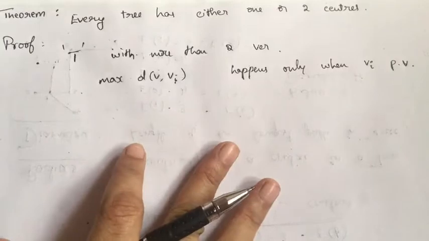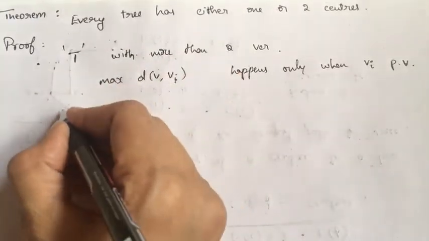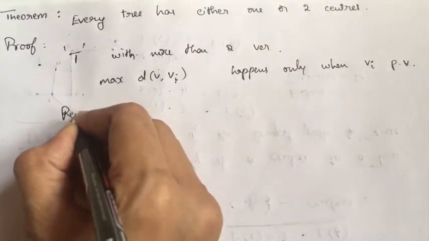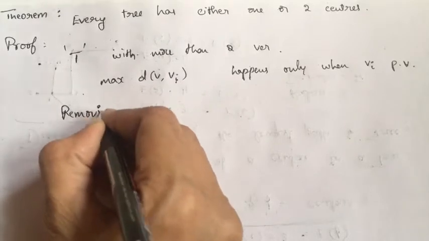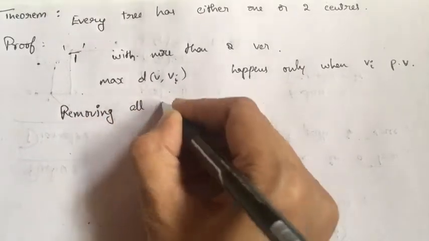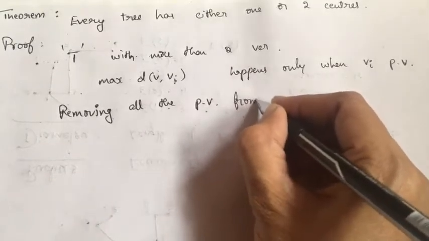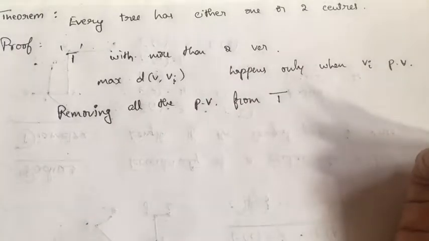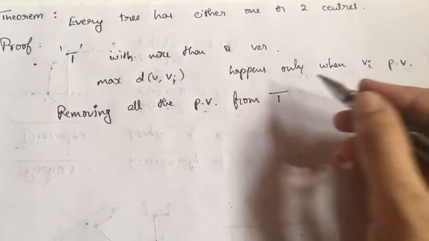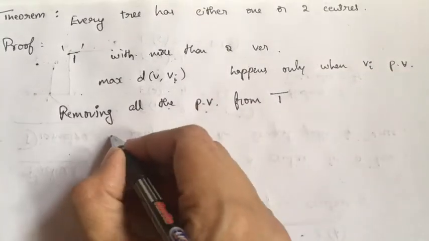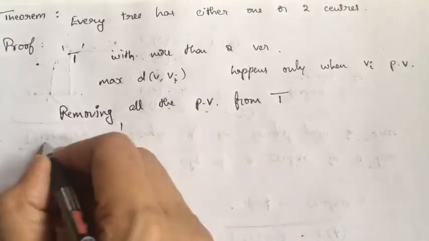I am going to delete all the pendant vertices from T, so we will get a new graph, say T dash.